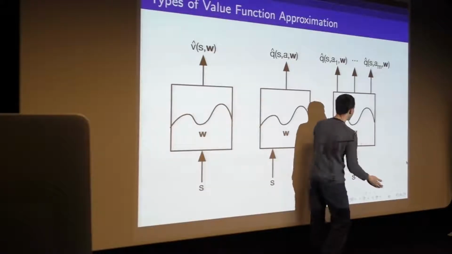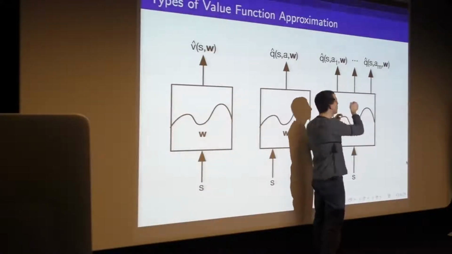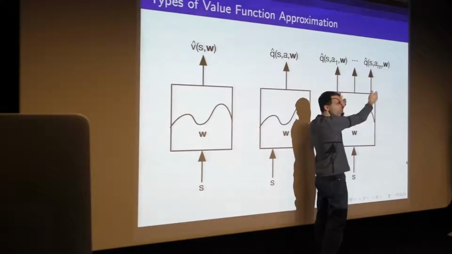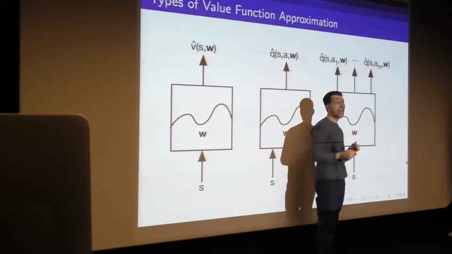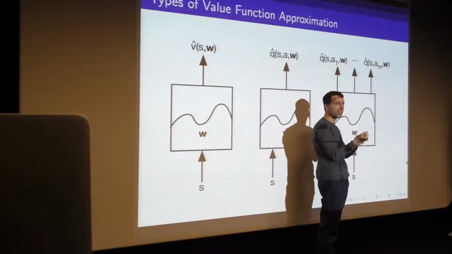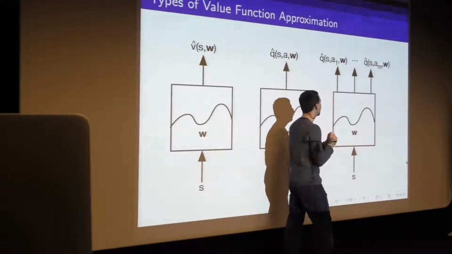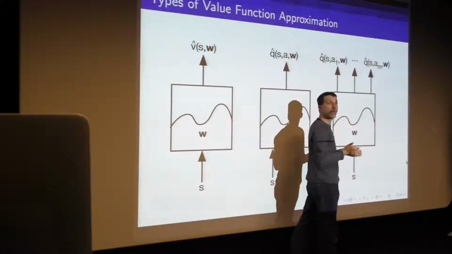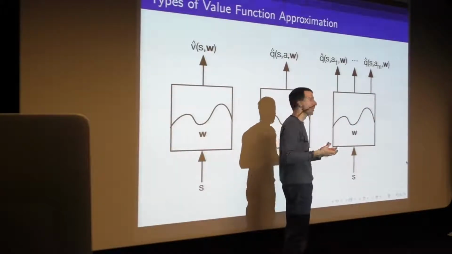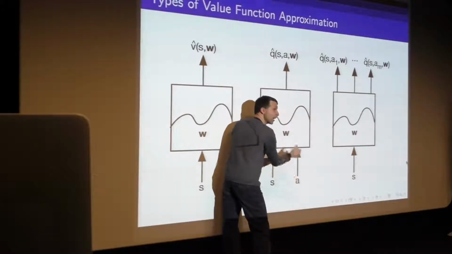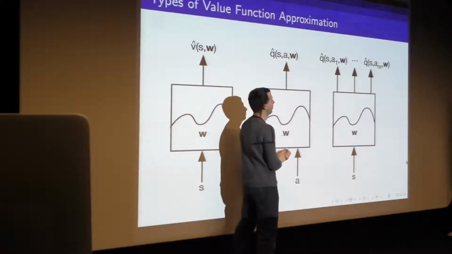The advantage of this is that in a single forward pass, this thing can spit out the values of all the different actions. We use this in Atari, for example. In one forward pass, we can say how good it is to move the joystick left, right, up, down, press the fire button. And just in one forward pass of your neural network, you get all of the information required to make a decision. You don't have to feed it back in with different actions again and again and again.